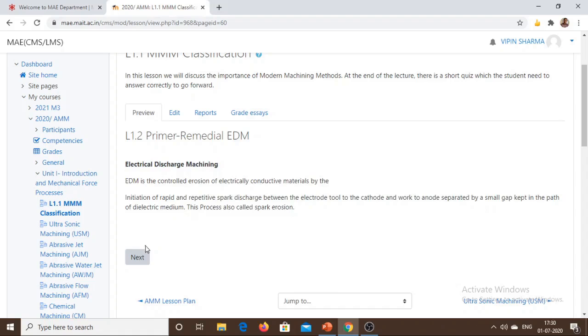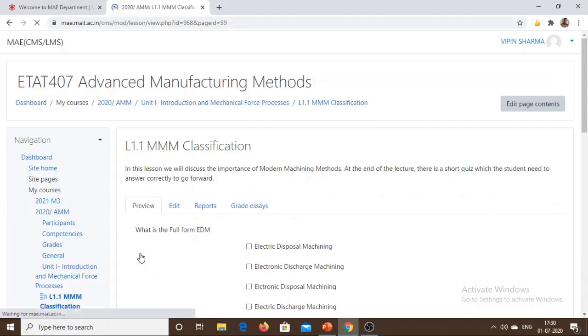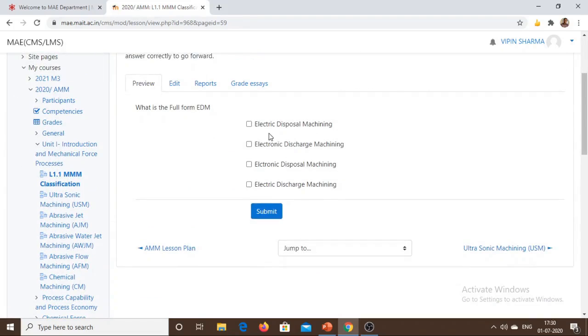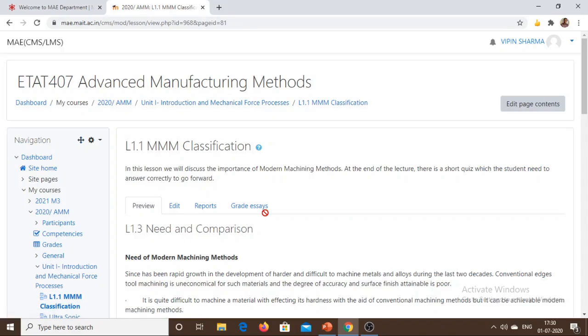After this reading, if the student hits next, the student will be taken back to the same question. This time, if the student gives the correct answer, electric discharge machining, the first one, then the student will be taken to the third part of the lesson.